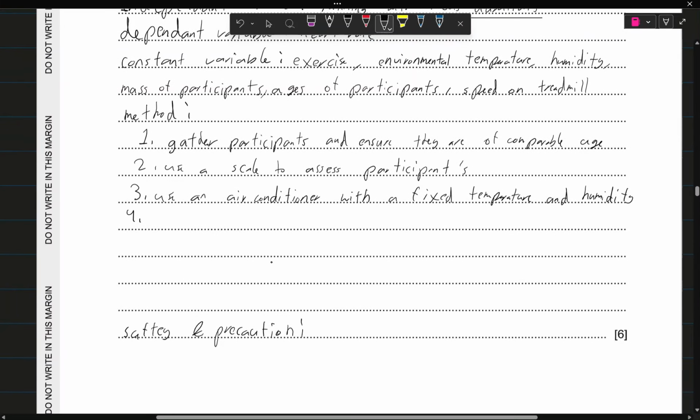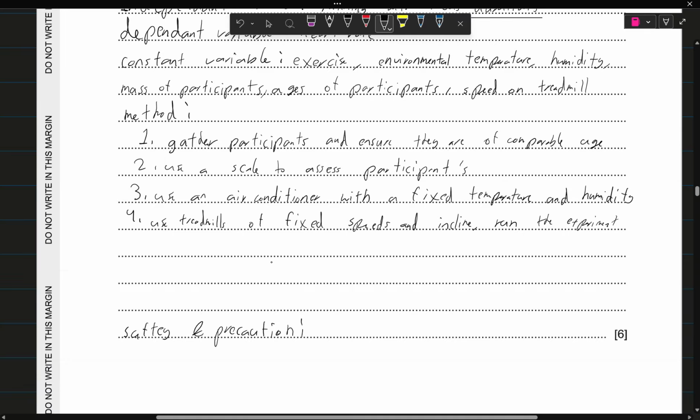So this is what I'll be writing here: use treadmills of fixed speeds and incline, and then run the experiment, let's say for 10 minutes.